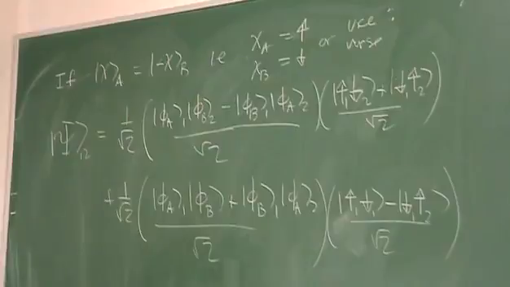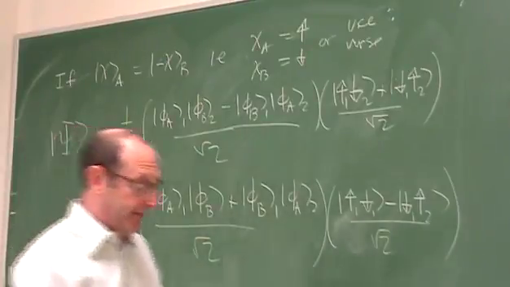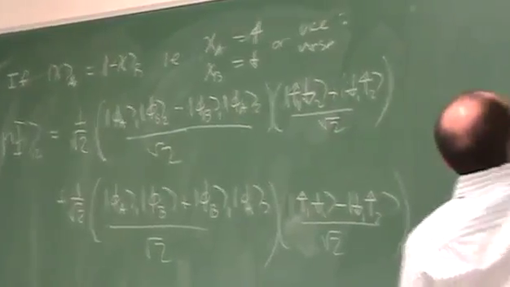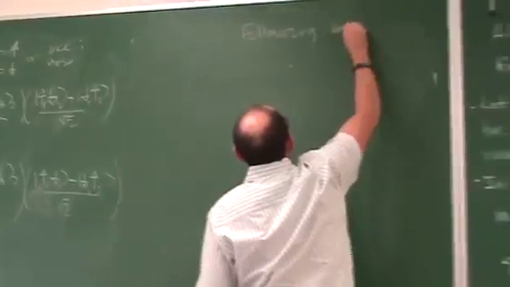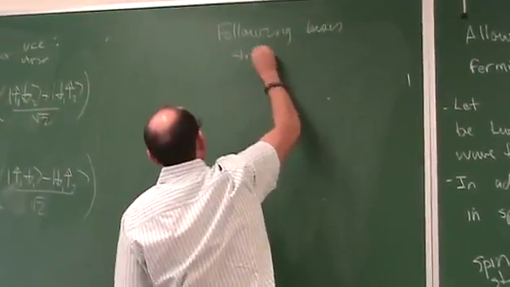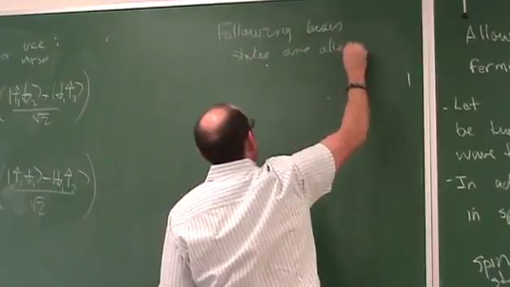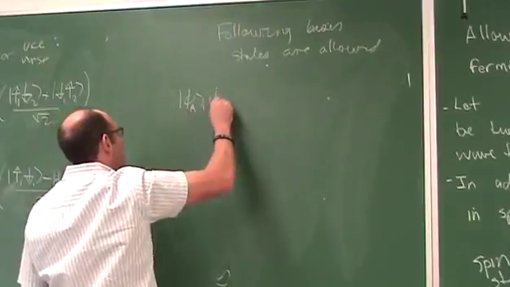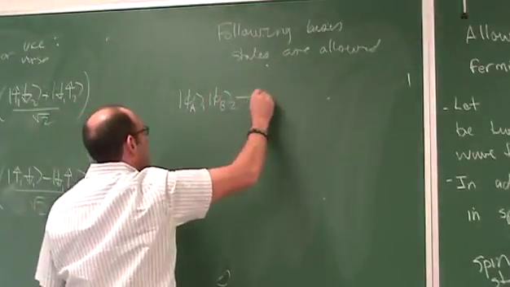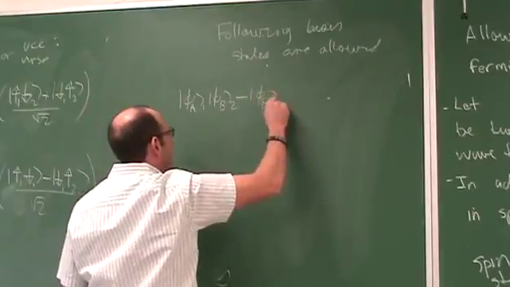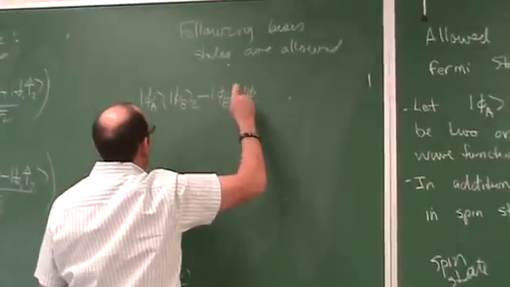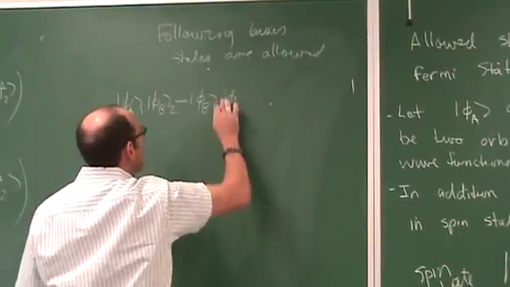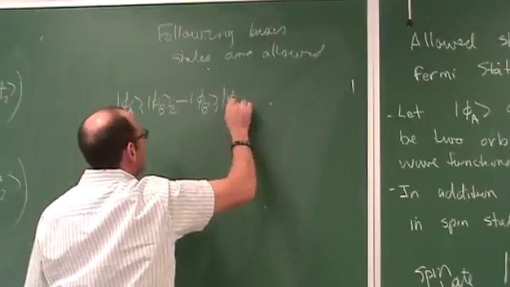Right? So we can have the following basis states. The following basis states are allowed. Either we have the states that we just discussed on the right-hand side of the board, where we have an antisymmetric pairing of the spin, I'm sorry, of the space.